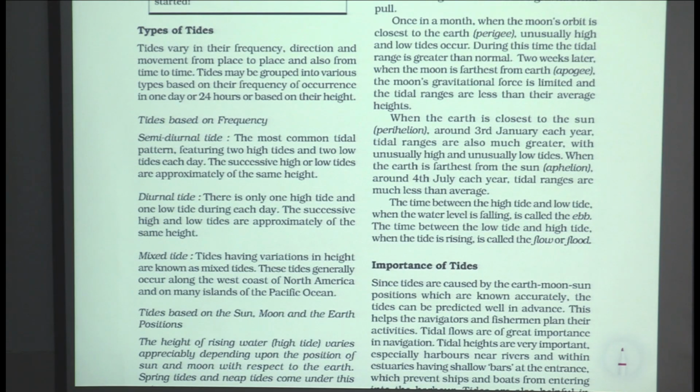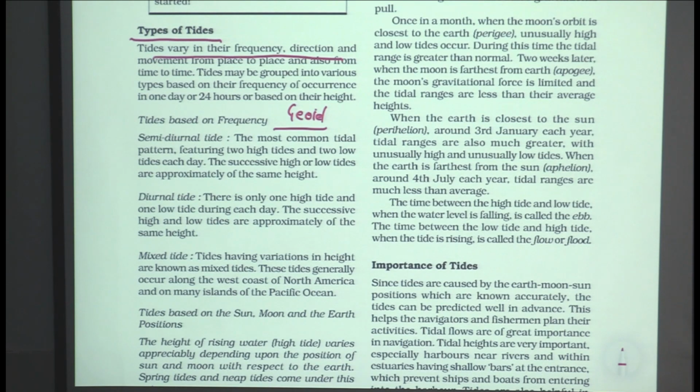In our NCERT, we are also given types of tides on the basis of their frequency. So if I read that, types of tide vary in their frequency. Basically, it has to do with the fact that the Earth, if it were a perfect sphere, but we know that we are a geoid, number one, and that we don't have uninterrupted water.